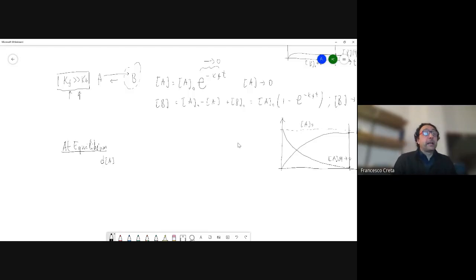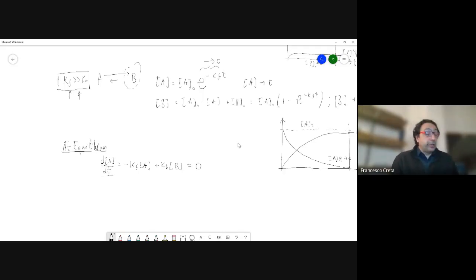For example, the rate of change of A, which we said was minus KF A plus KB B, will be identically equal to 0, because we're at equilibrium and A doesn't change anymore.